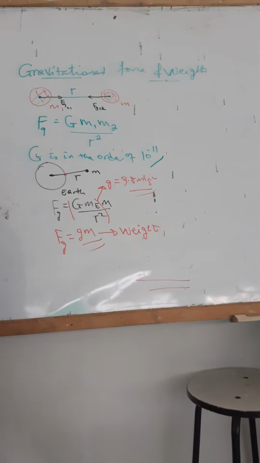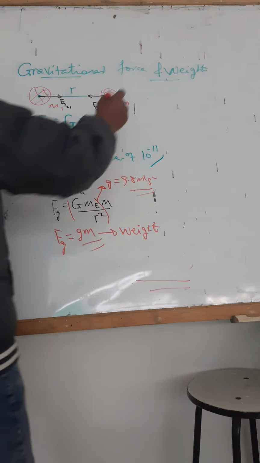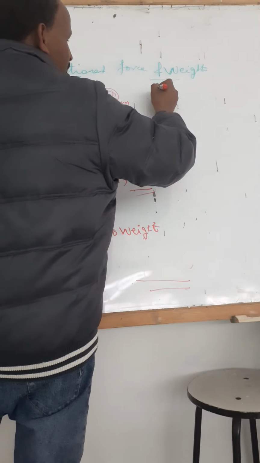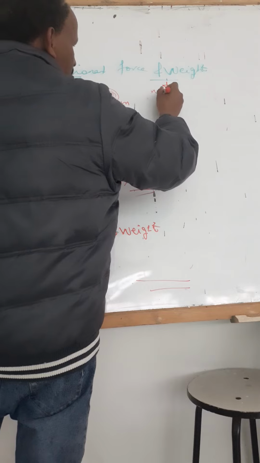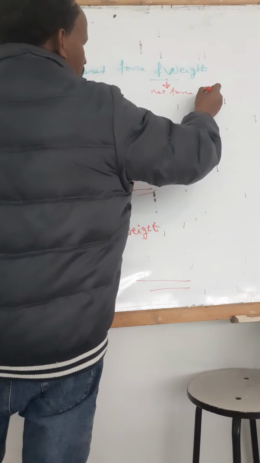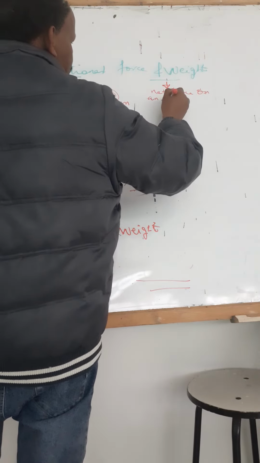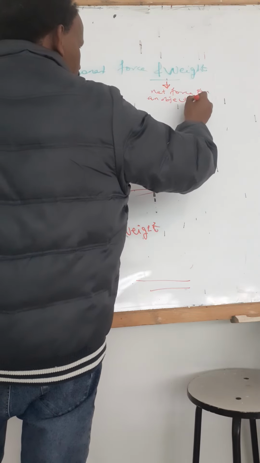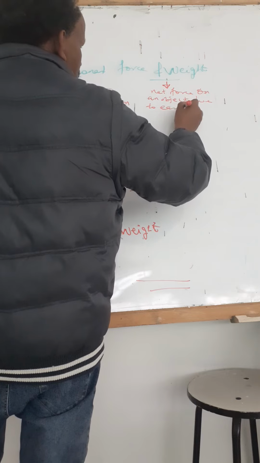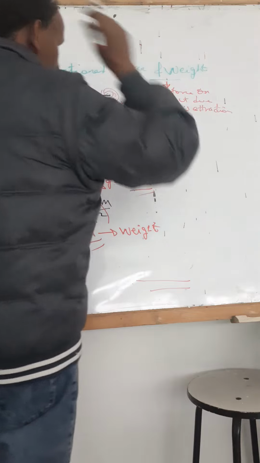Okay, this is what we call weight. Weight basically is the gravitational force, the net force on an object due to Earth's attraction.